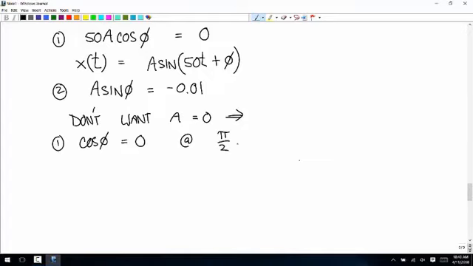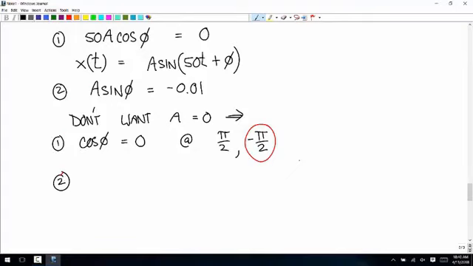Yeah, pi over 2, negative pi over 2. Let's just use those two. And equation 2 then, I'm going to choose this one because it's going to give us a positive amplitude, but there's no reason to choose one over the other one really.